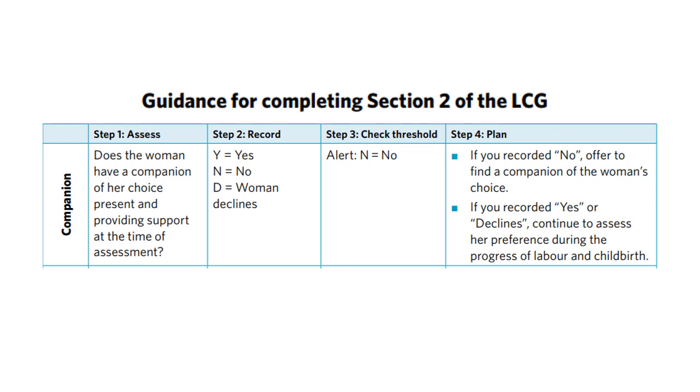In this slide, we have further guidance about the completion of section 2 of the guide. If the patient has a companion of her choice present and providing support, this is the optimal situation which enhances and facilitates labor. If there is none, this is an alert, and the provider should offer to find a companion of the woman's choice.